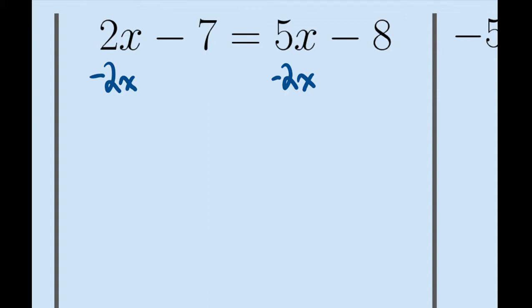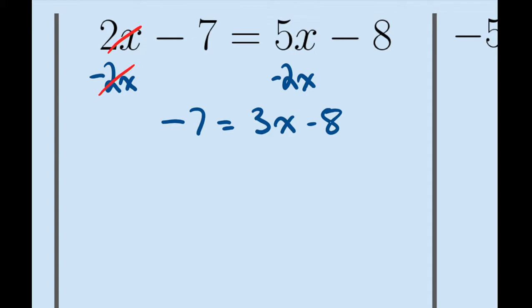Again, because we're dealing with like terms when we're adding or subtracting, I'm putting the minus 2x directly under the 5x to know that's where I'm subtracting it from. One side will cancel out. I'm left with negative 7 equals 3x minus 8. Now we're down to a two-step equation.